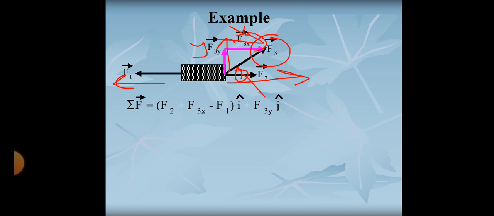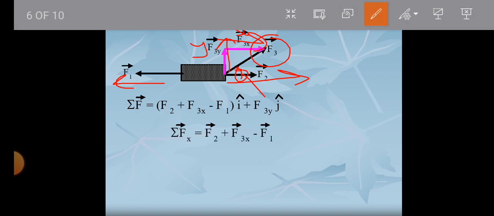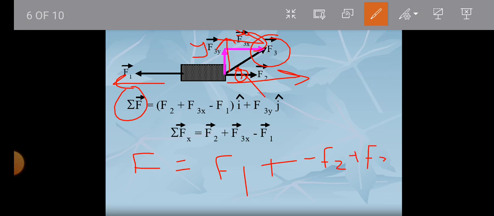Now the total force, the sign there means summations. The summation, or the total force, there is going to be F1 plus negative F2 plus F3.